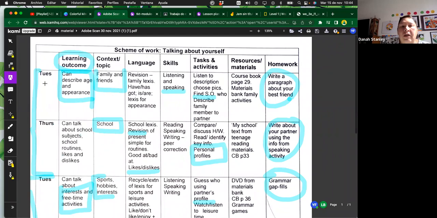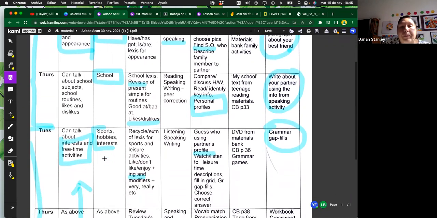the first thing that calls my attention is why you are starting by describing physical appearance and then describing likes and dislikes. The logical reason I can find is because when you describe someone, you describe the physical appearance and the likes and dislikes, but could be another one, okay?